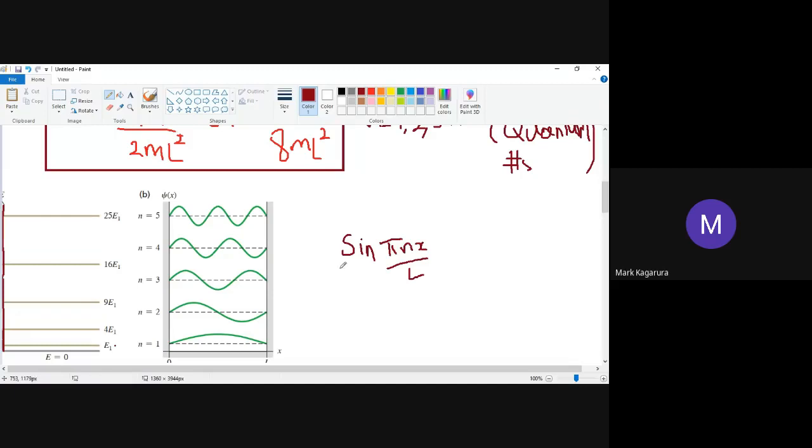That is your first wave, and then the second wave has 1 node, then 2 nodes, 3 nodes, etc.